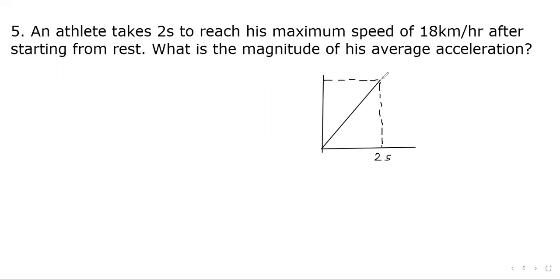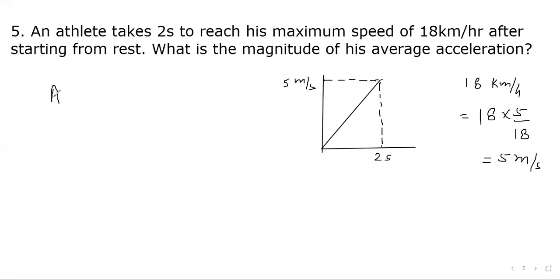Maximum speed is 18 kilometers per hour. So 18 kilometer per hour can be converted to meter per second: 18 into 5 by 18. That is 5 meter per second.